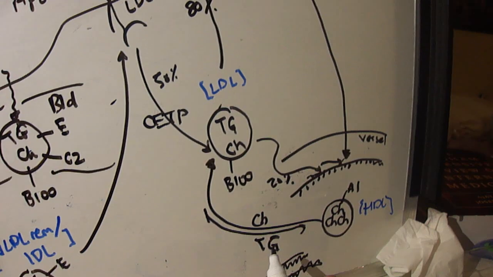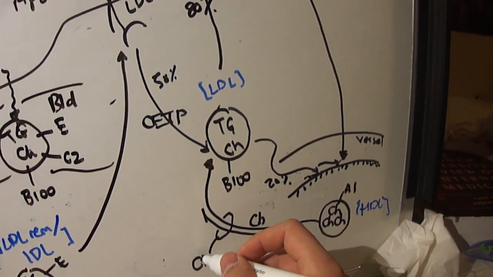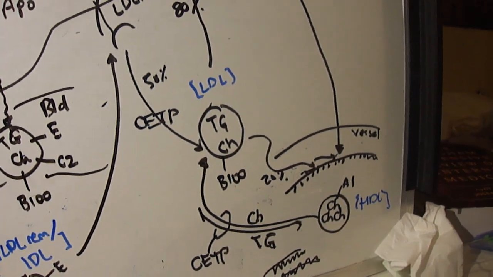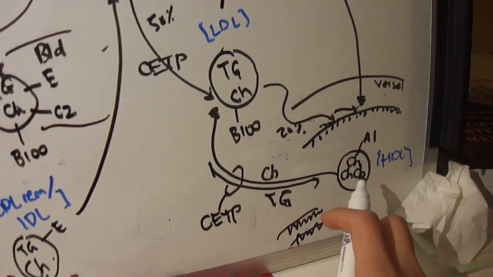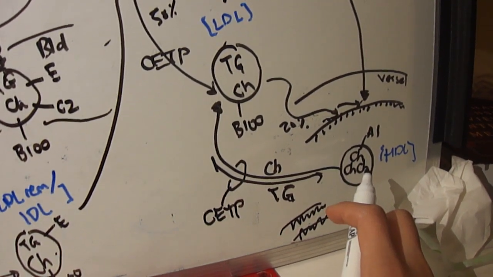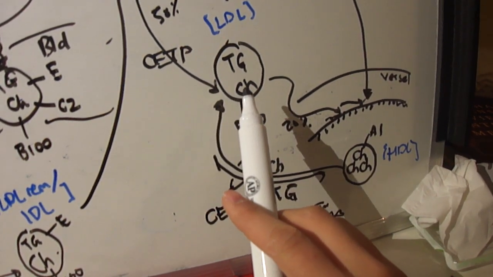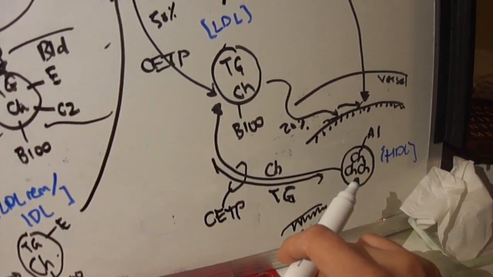This reaction is catalyzed by CETP. So the cholesterol that the HDL picks up from the vessels goes to an LDL. The LDL gives the HDL triglyceride.